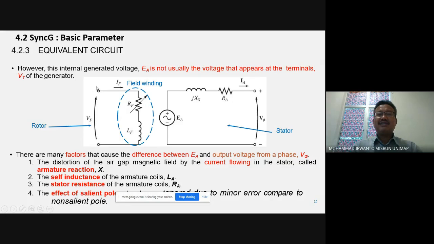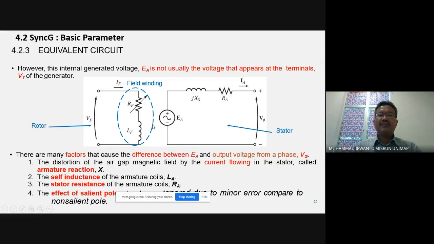The equivalent circuit of the rotor and stator we can see like this one. It is represented by VF, meaning field voltage, RF, meaning field resistance, and LF, meaning field inductance.